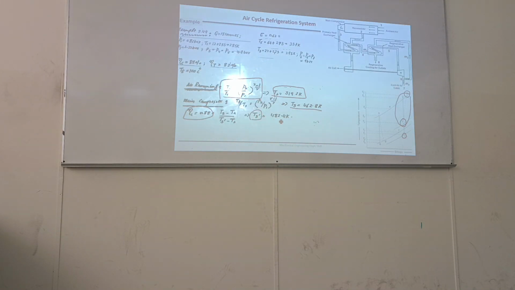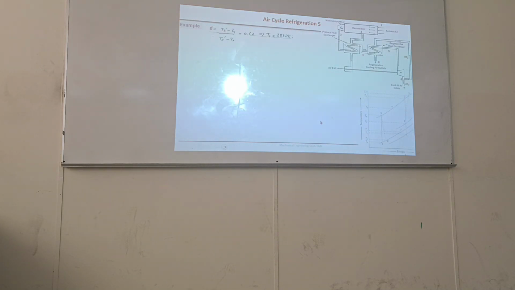So here T3 dash. Even this equation is not required to be given, you should know what is isentropic efficiency of compressor. Isentropic over actual. And actual over isentropic is turbine. These are simple definitions, not equations.